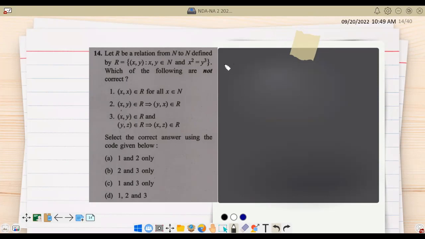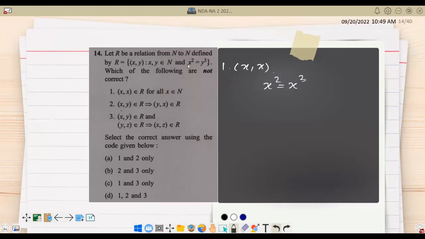To check the first, this doesn't involve any values because it can be done just using the variables. For example, we have (x, x). If this belongs to the relation, then x square equal to x cube should be true.